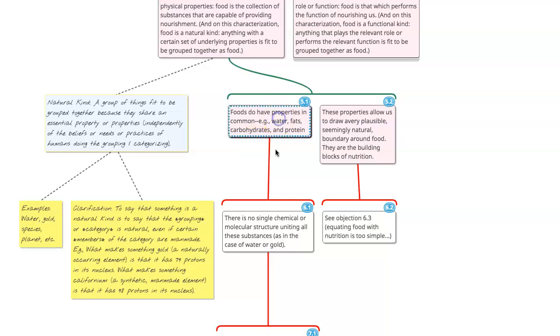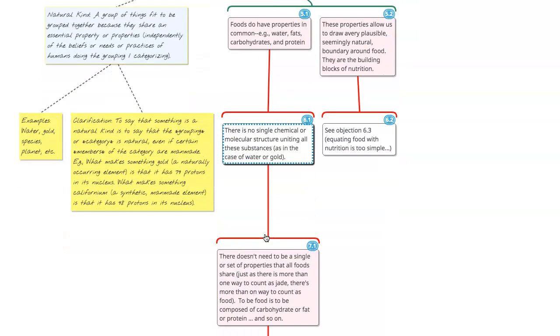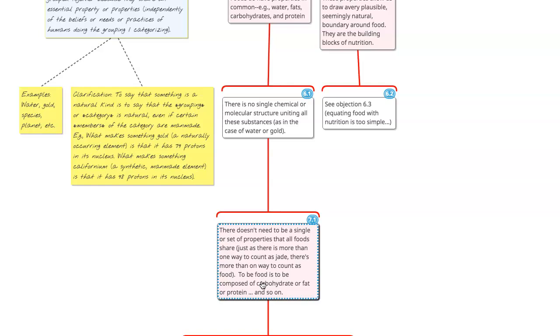Objections. Well, there's not a single underlying property or set of properties that all foods share, as in the case of gold or water. But possible response, there doesn't need to be a single set of properties. Just as there's more than one way to be jade, you can be jadeite or nephrite, there's more than one way to count as food.